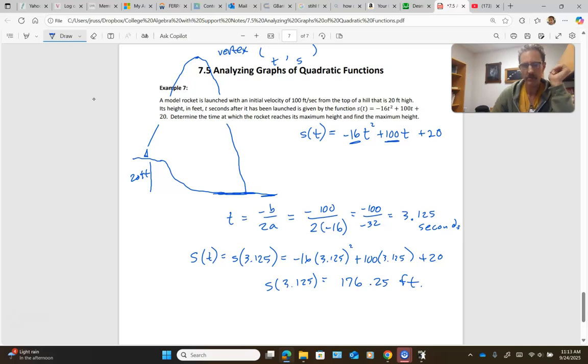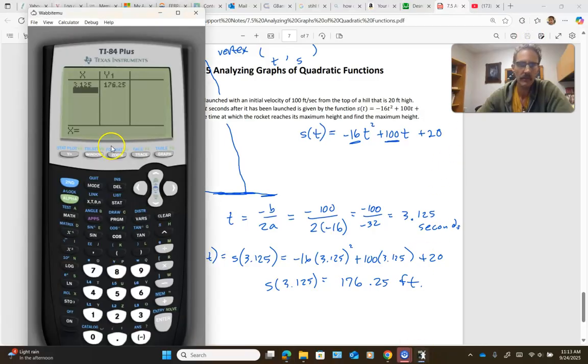Okay, so that answers the question. The maximum height of the rocket is 176.25 feet, and it reaches that height 3 1/8 seconds after it's been launched.